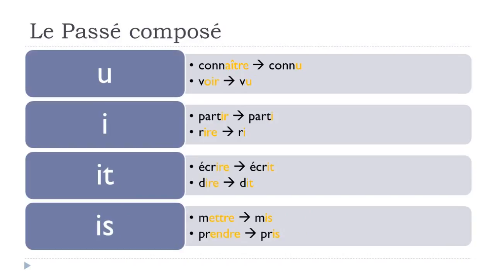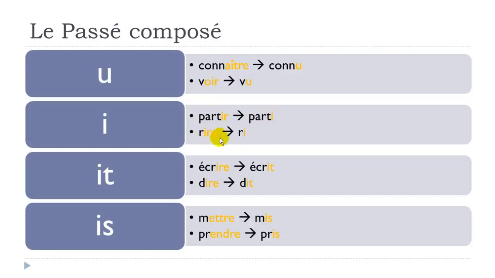After that, the difficulties are for the third group of verbs, the irregular ones. Usually it's quite difficult to make groups and subgroups, but we can have a few examples here, like connaître. Connaître is to know, okay, and it will give you connu. Voir, like oeil, will become vu, all right. Then verbs like partir, even if it doesn't belong to the second group, it will give you parti, okay.